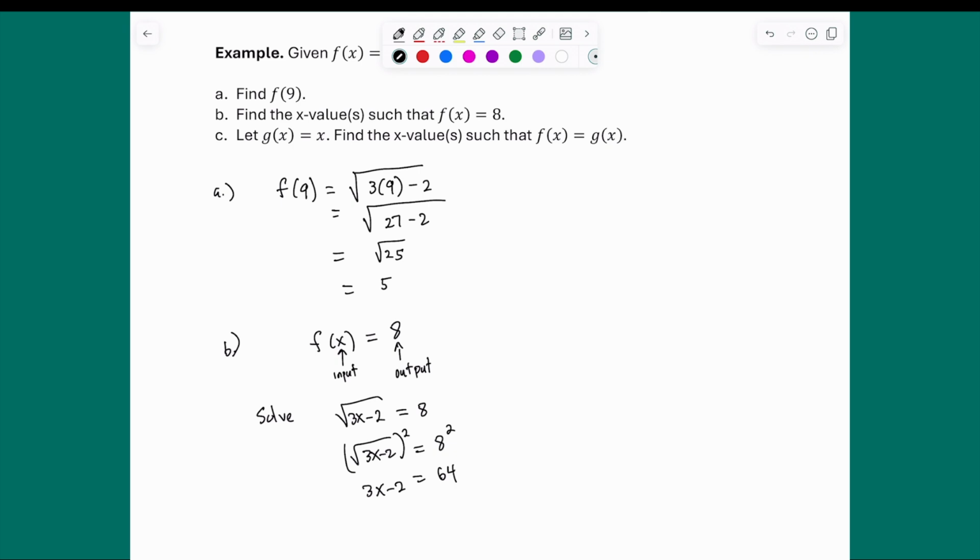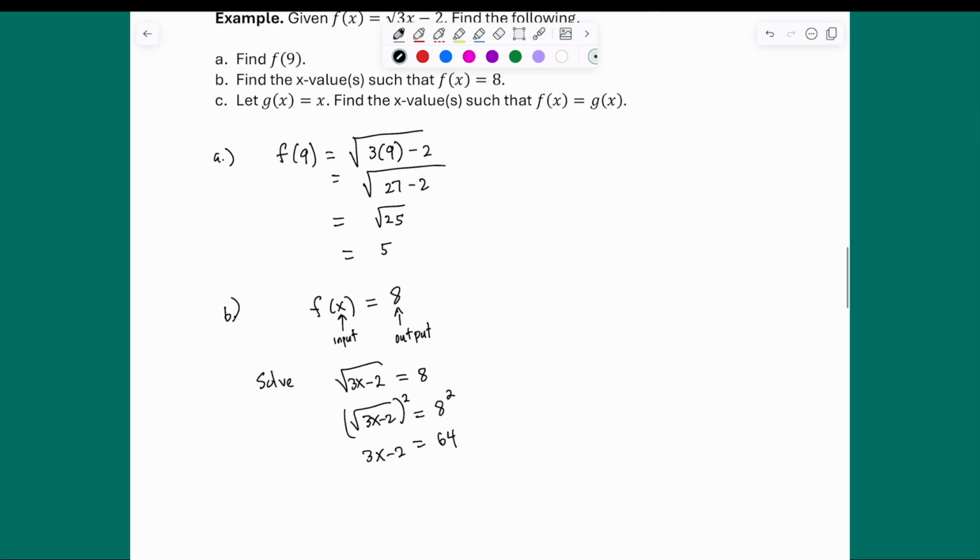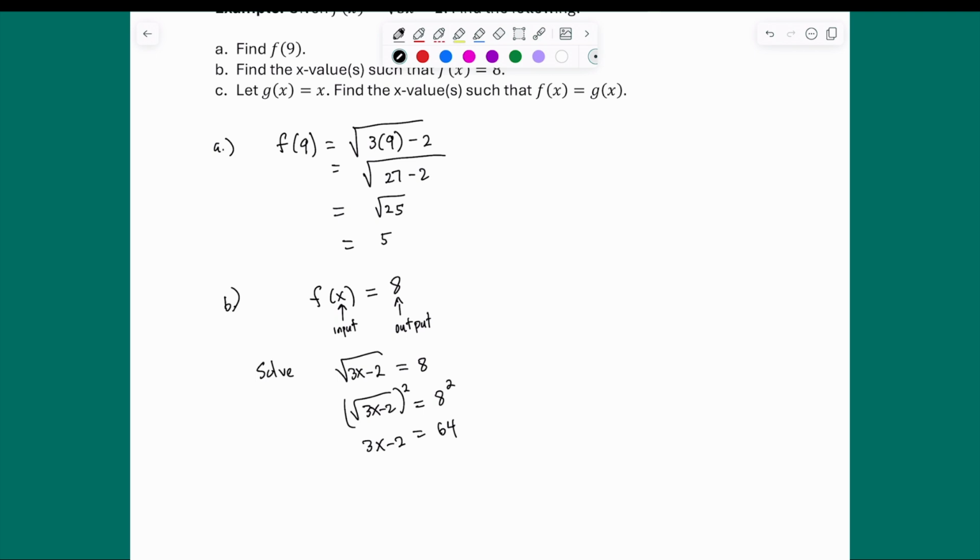Okay, so we get 3x minus 2 on the left, 8 squared on the right, which is 64. Now we solve by adding 2 on both sides to get 3x equals 66. And then we would divide both sides by 3. So that gives us x equals 22.